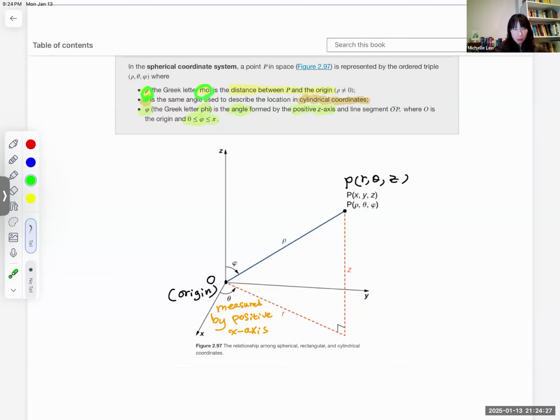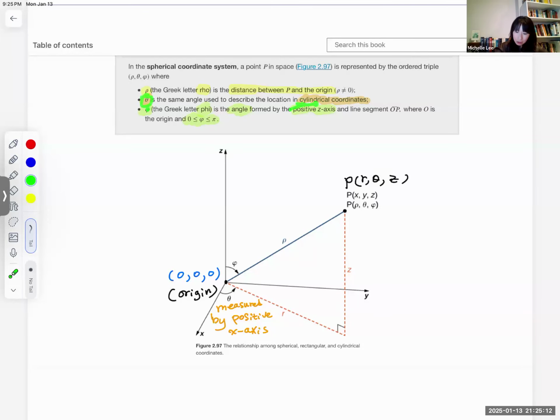What is rho? It is the distance from the origin, 0, 0, 0, to the point P, right? That's the rule. Distance from origin to the point P.